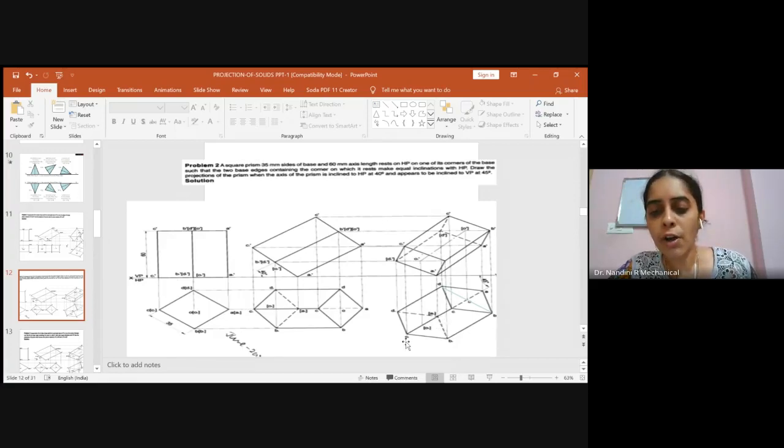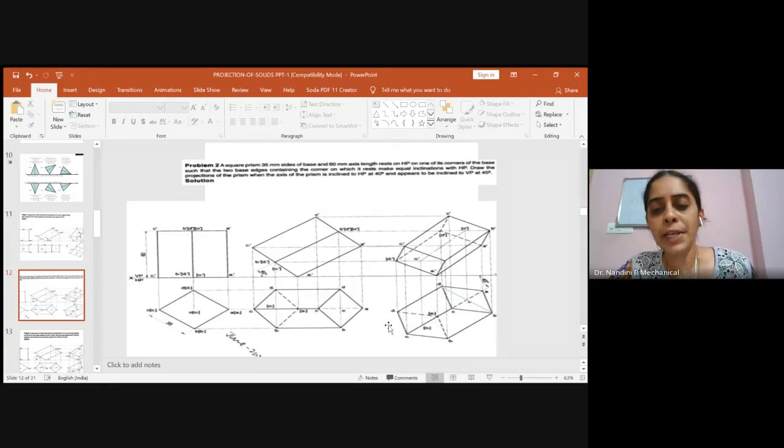Now join C to D1, D1 to A1, A1 to B1 and B1 to C1. While joining, please see which sides are hidden and which are visible. Same thing you have to replicate here. D1 and A1 was hidden, here also show D1 and A1 as hidden.